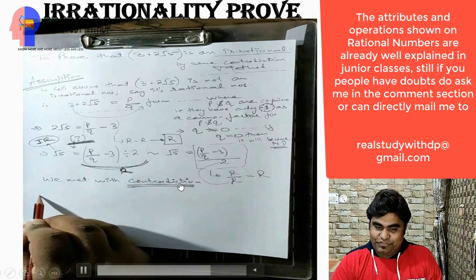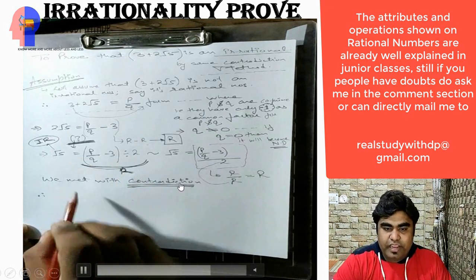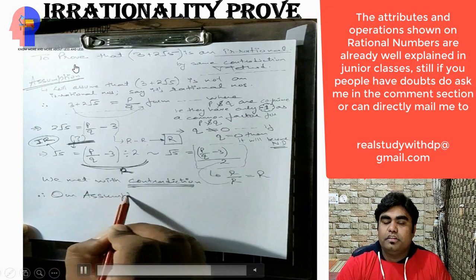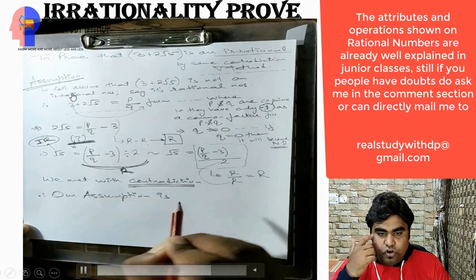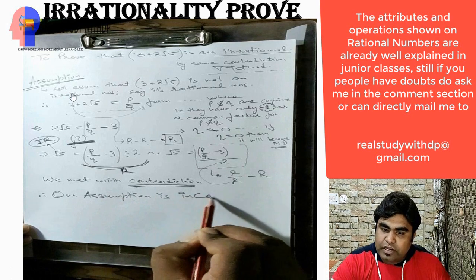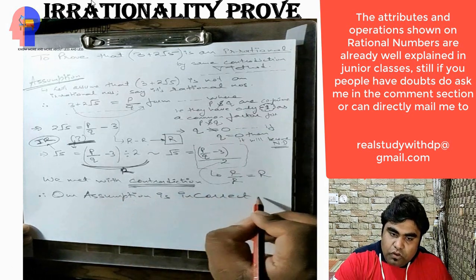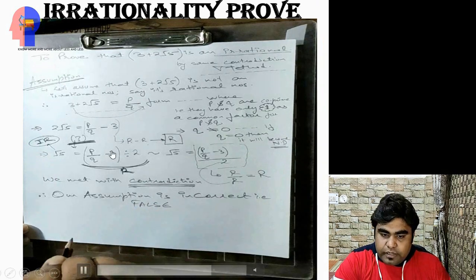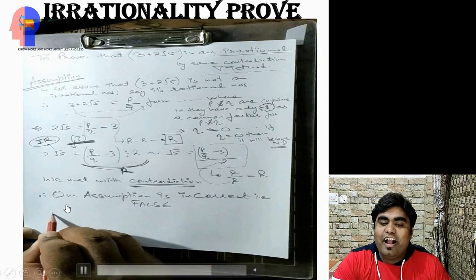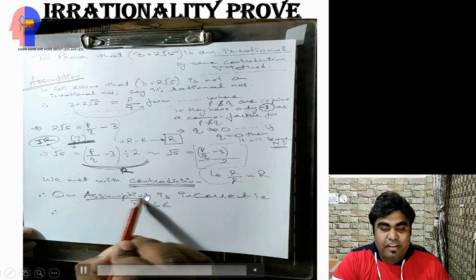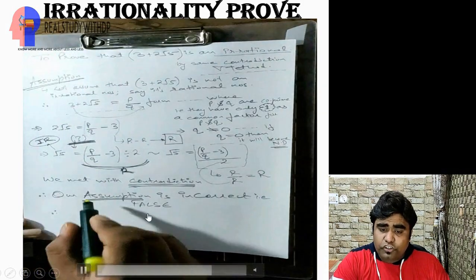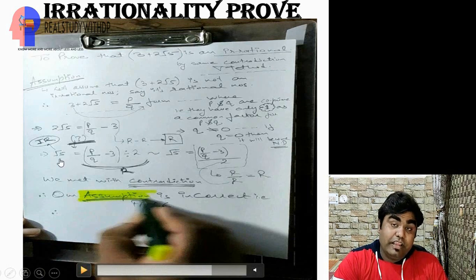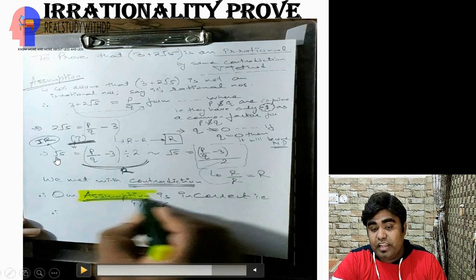Now, this statement is very important. What we have done till now is we have performed the basic steps of the method of contradiction. The first one is the assumption that we did. The second one is the process part, the arguments we give in support of the assumption. And the third part is the contradiction: on the LHS we have an irrational number, on the RHS we have a rational number.